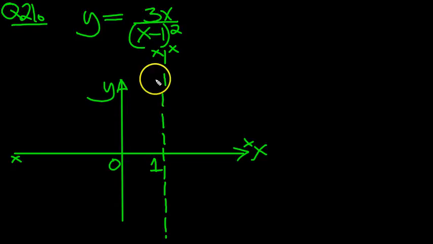Now, when x is 0, input that, you get 0. So we can mark that point off. So it's going to come down, swing through 0. It has to go negative, because all these values will be negative when x is negative. Simply because this is always positive underneath, and when x is negative, this is always negative, and we get the fraction is negative. So it's going to stay down.